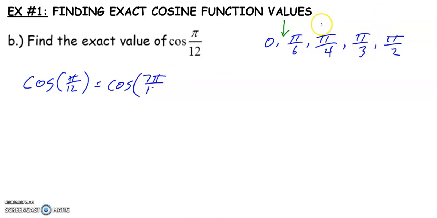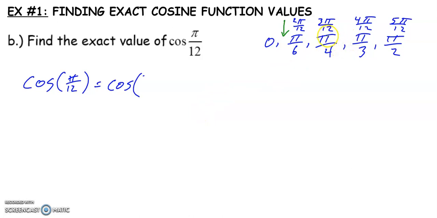So let's see, if we convert these into 12ths, remember we're going to have 2 pi over 12ths, 3 pi over 12, 4 pi over 12. I had to write this down or I was forgetting it. We can't use 7 pi. That doesn't reduce. So which of these values when I subtract will give me pi over 12, I'm sorry?